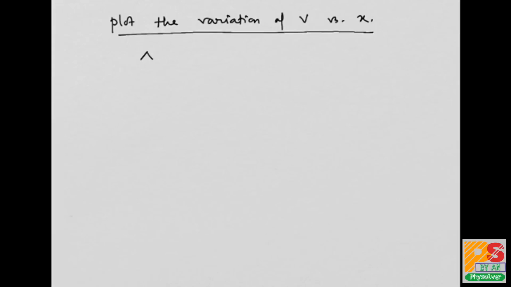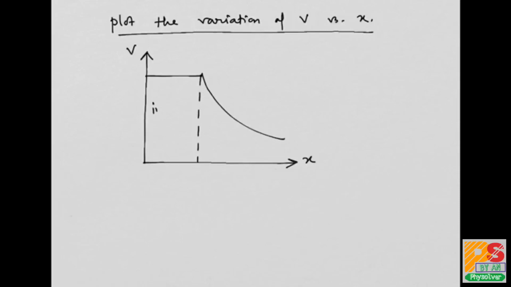Therefore if we plot the variation of V versus x, where x is the distance from the center, the variation would be like this. Inside V equals constant and the value is kq by r.